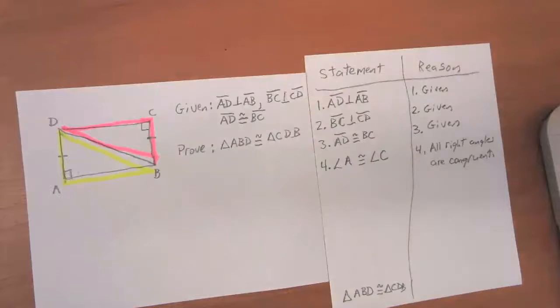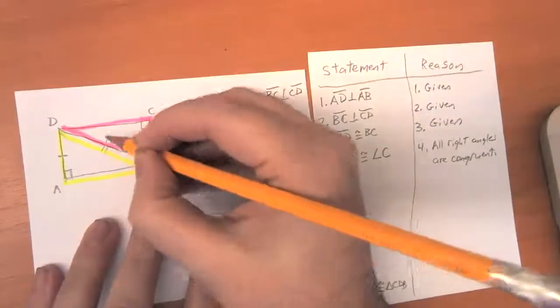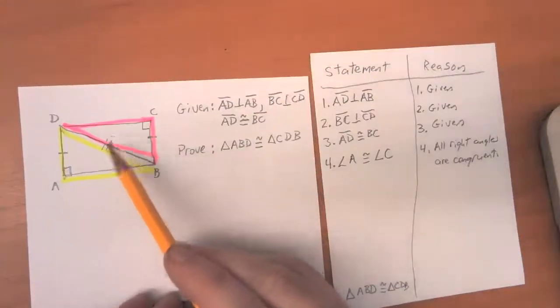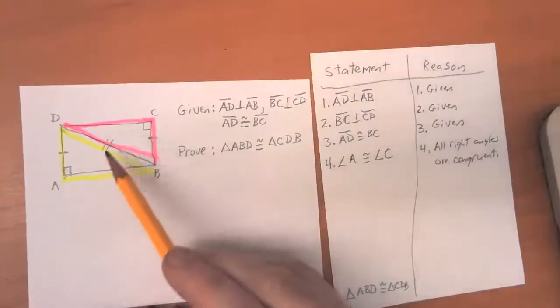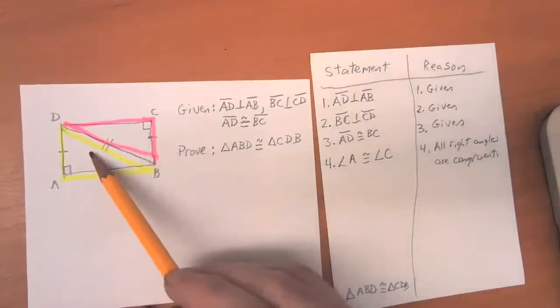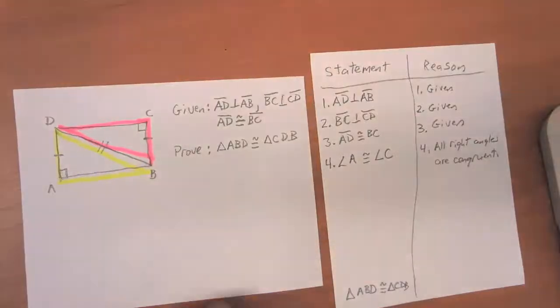Well, I noticed looking at this diagram that the diagonal BD is in both of the triangles. So this is a side of the yellow triangle and it's a side of the pink triangle. So in this case, noticing that it's congruent to itself is going to help us prove that an extra side of the yellow triangle is congruent to a side of the pink triangle.